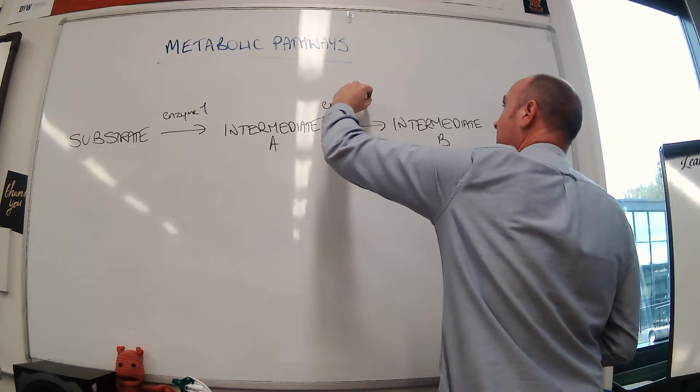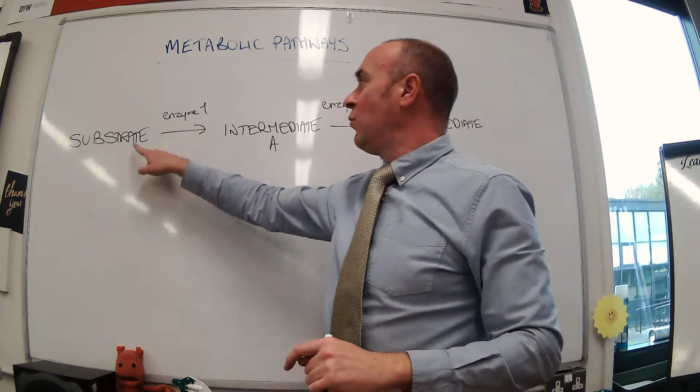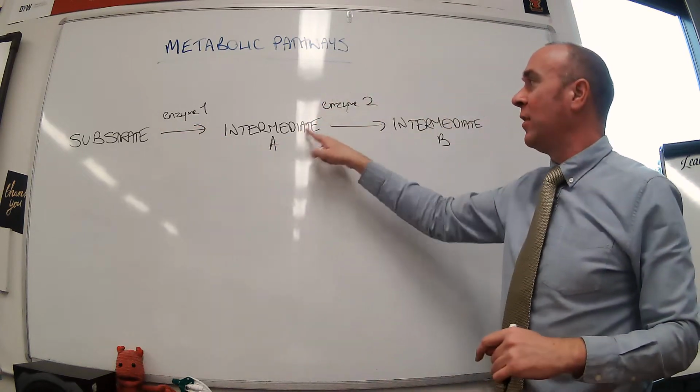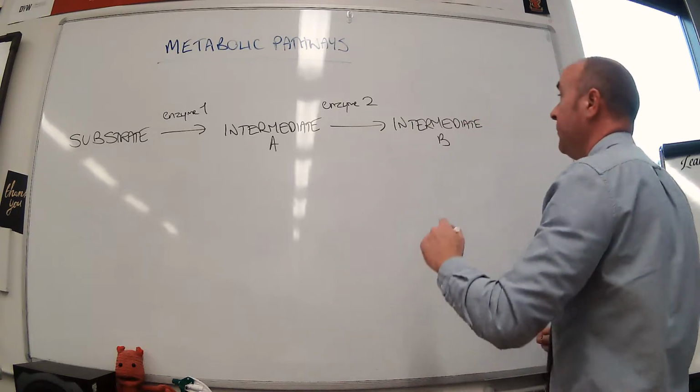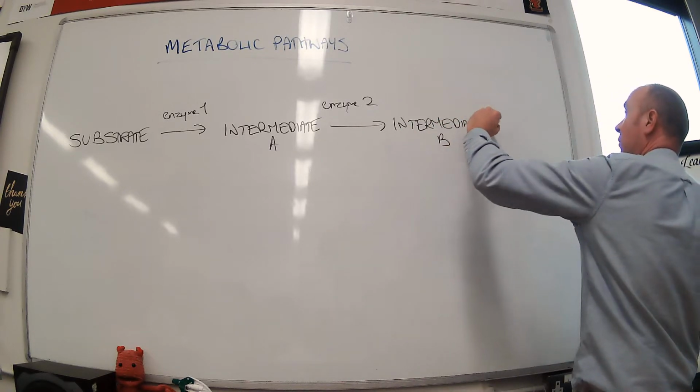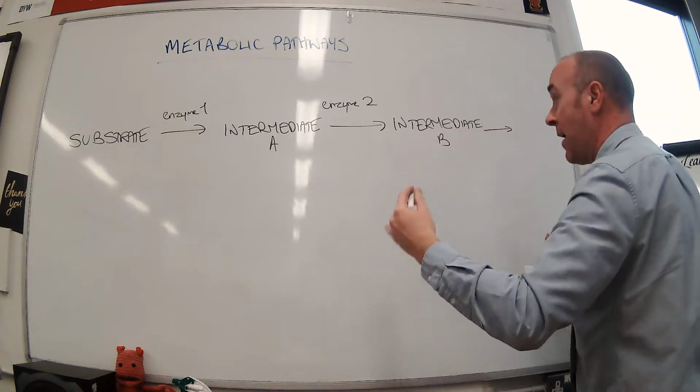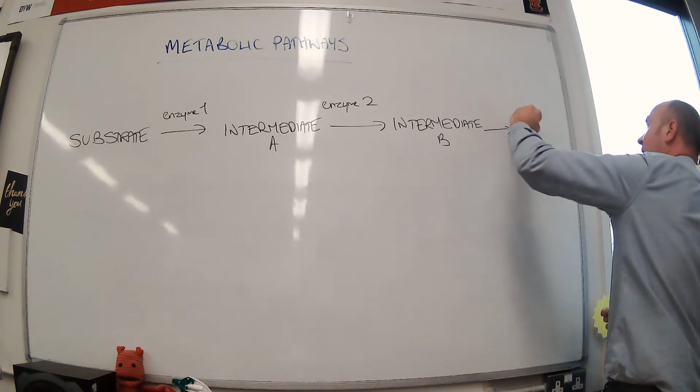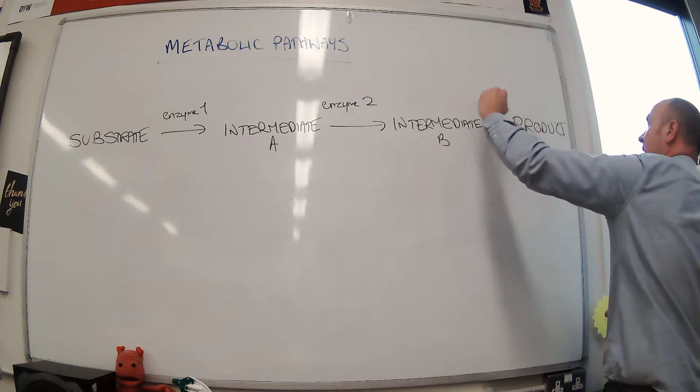Remember, enzymes being specific in their action. If enzyme 1 does that reaction, then it can't be enzyme 1 that does that reaction. This is what we learned from National 5, of course. An intermediate B might then form the product when acted upon by a third enzyme.